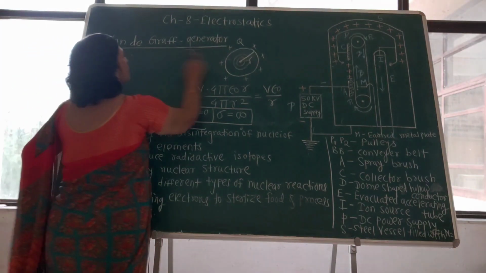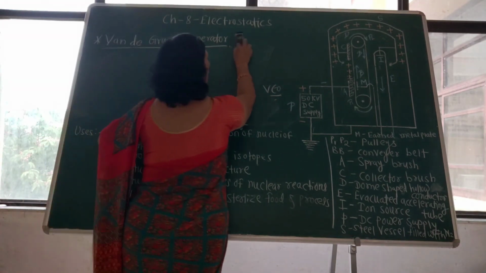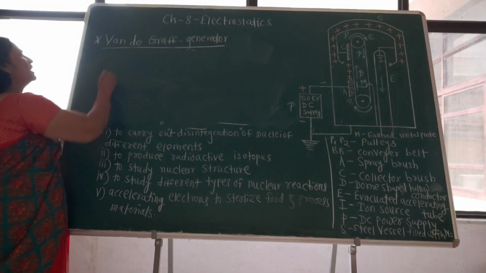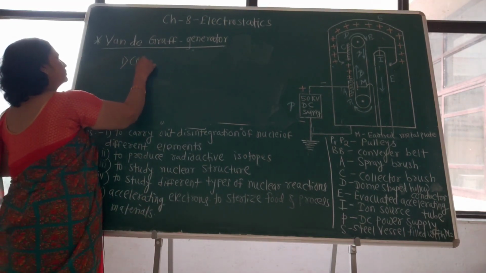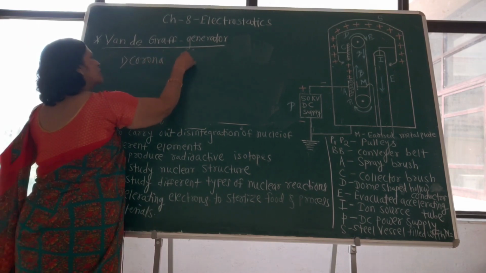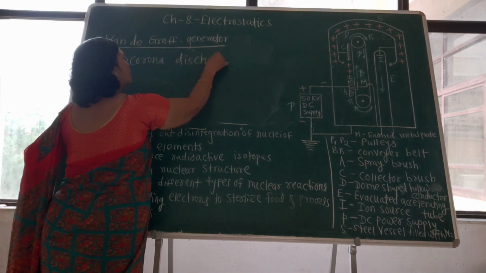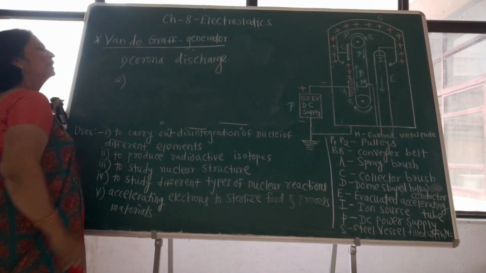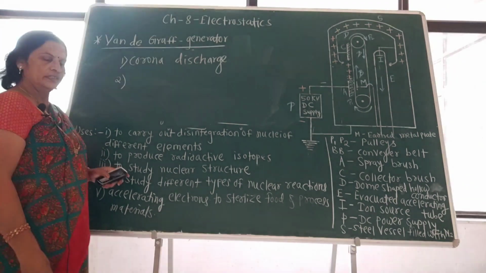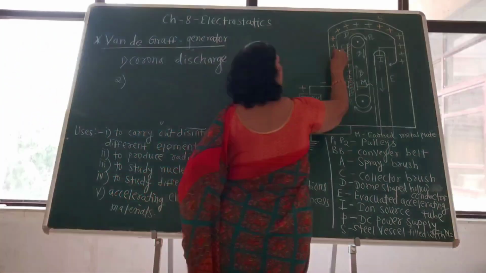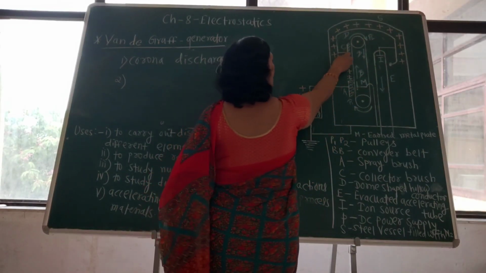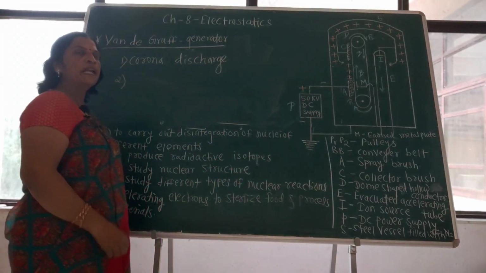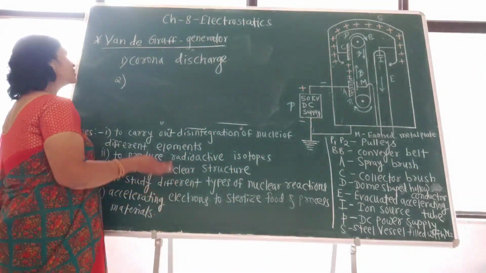Now we will study the principle on which the Van de Graaff generator works. First is corona discharge. Second, when a conductor is connected to a hollow conductor, charge is transferred from this conductor to the hollow conductor and spreads uniformly on the hollow surface.